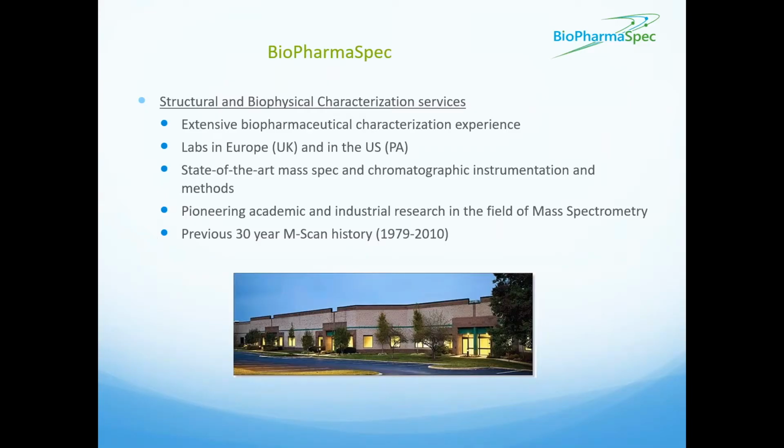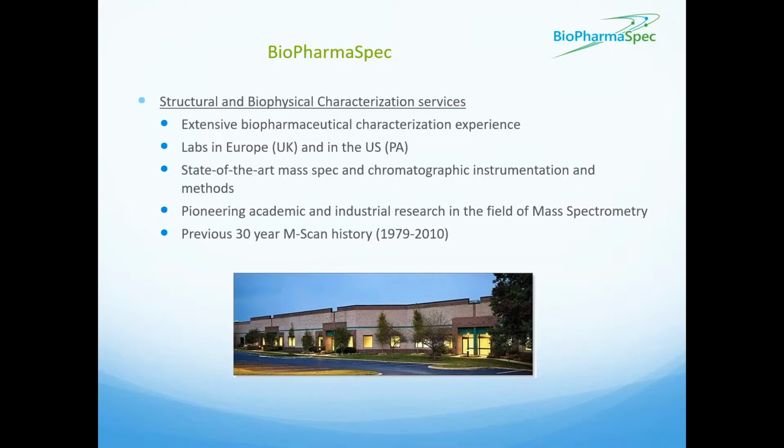Just to give you a little bit of background about the company that I work for, BioPharmaSpec is a contract research organisation that specialises in structural and biophysical characterisation services. We work really in the preclinical early phase R&D area.